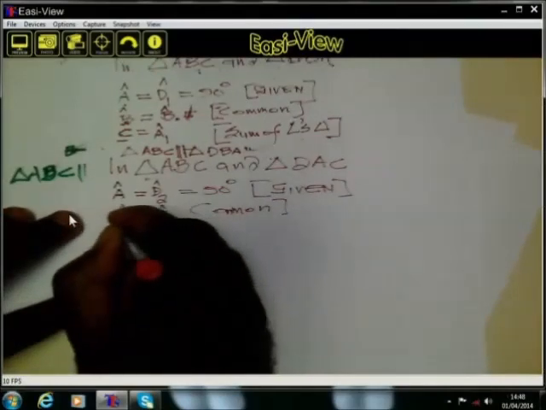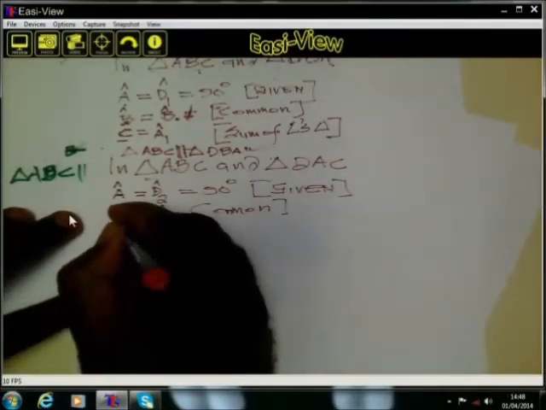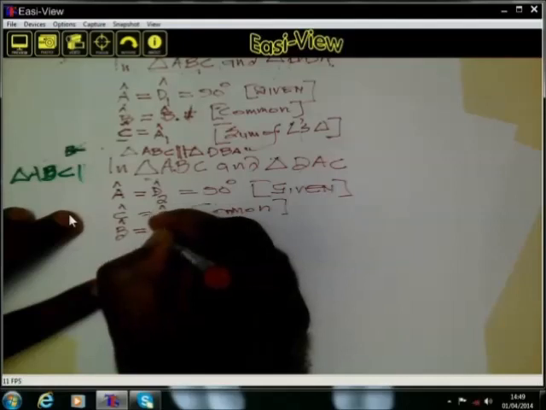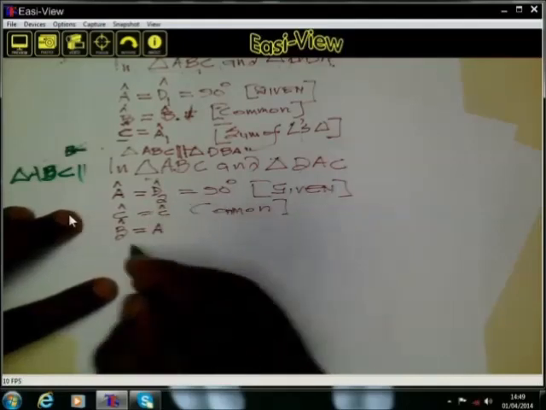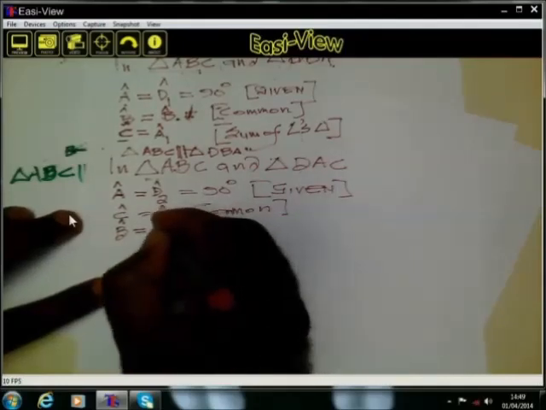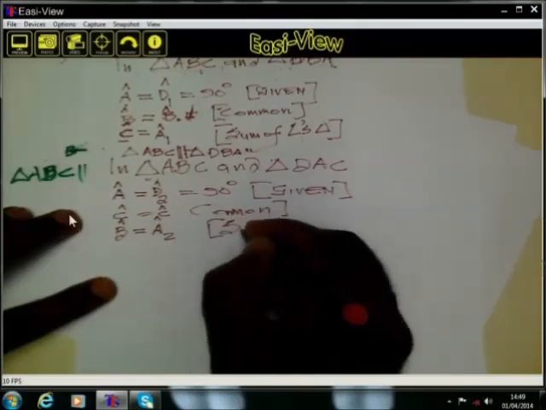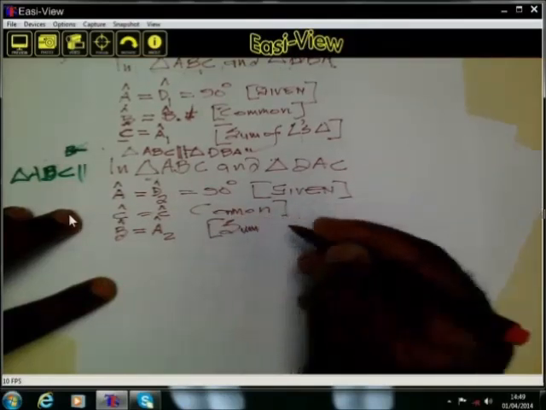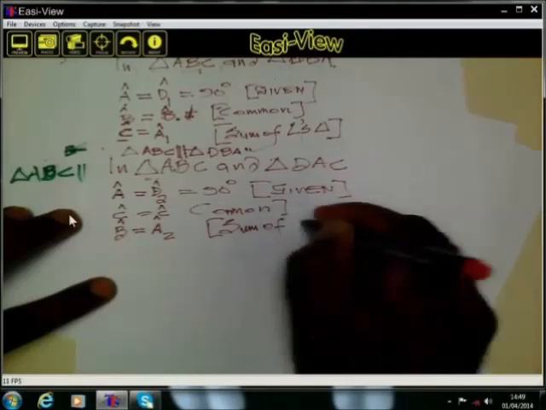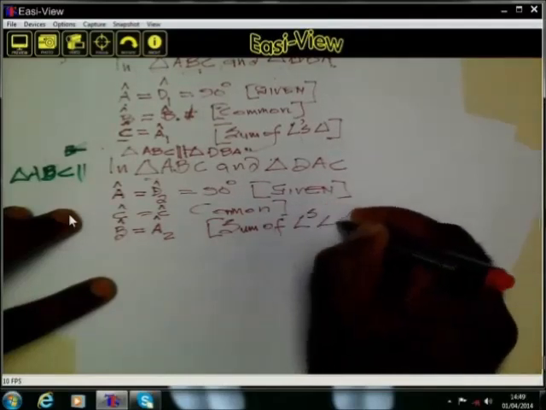So if we are going to write that, we are going to say B is equal to A. The reason for that is simple, it is the sum of angles of a triangle.